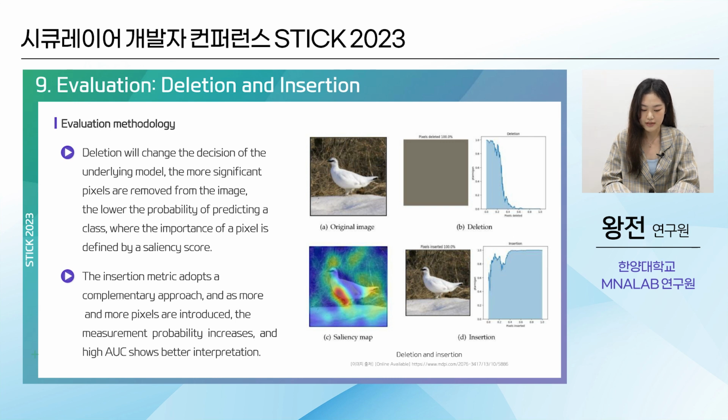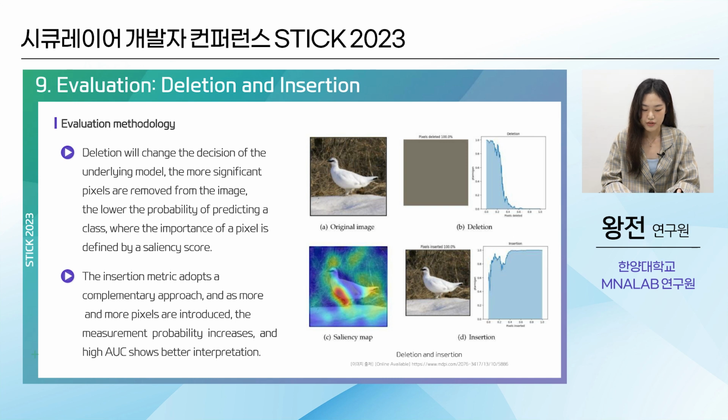On the other hand, the insertion metric adopts a complementary approach, and as more and more pixels are introduced, the increase in probability shows a better explanation.